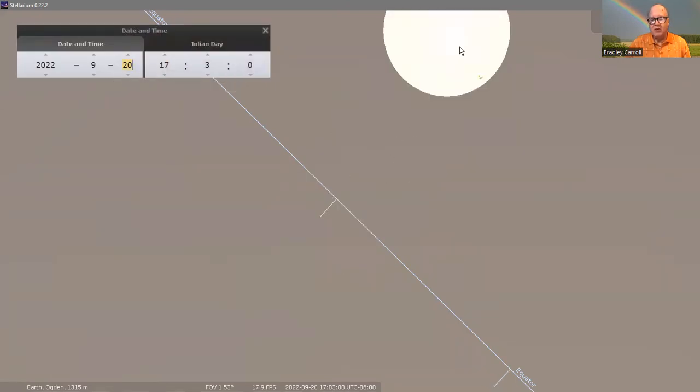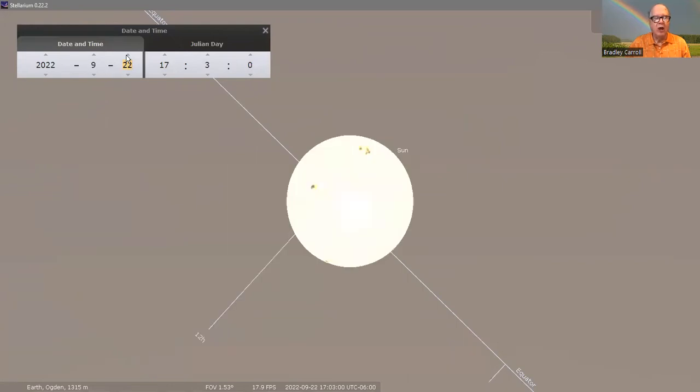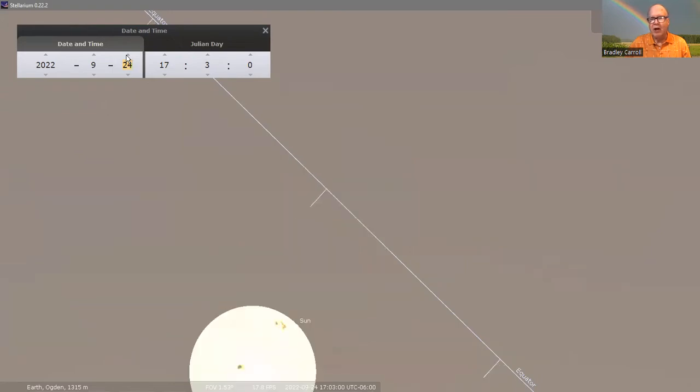And you can see that right now the sun is north of the equator. So here's Tuesday, Wednesday. Thursday is the day of the autumnal equinox, fall equinox. And then Friday, Saturday, the sun dips below the equator.